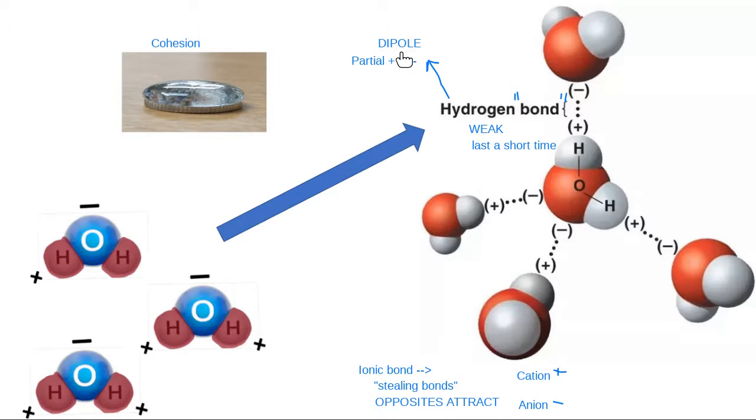I'm not sharing equally. So help me out. I should be able to predict the name of the kind of chemical bonds that I have. Which kind of chemical bonds help me form dipoles when I'm not sharing electrons equally?